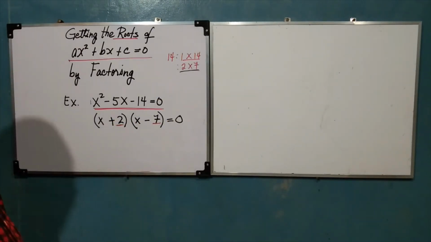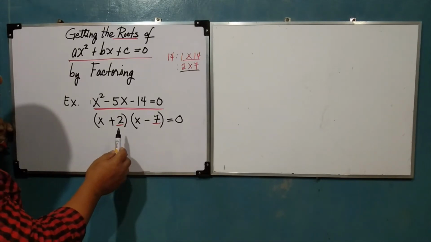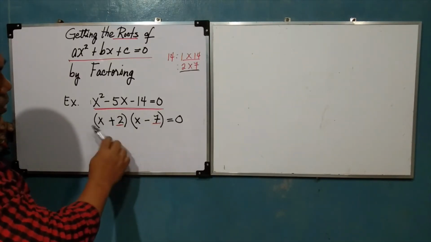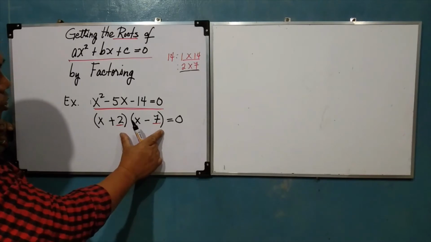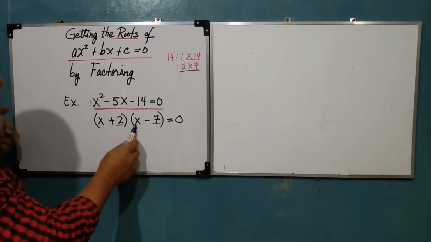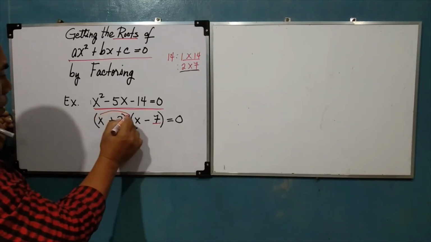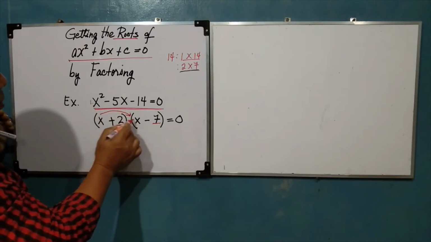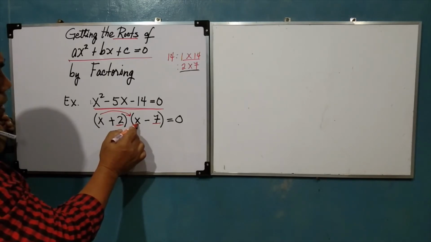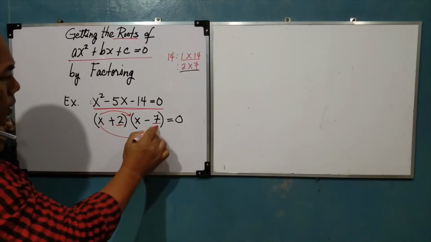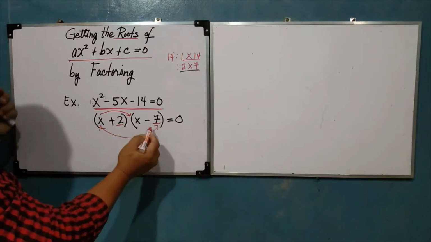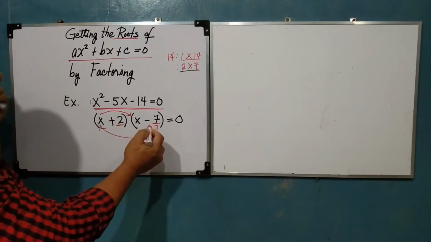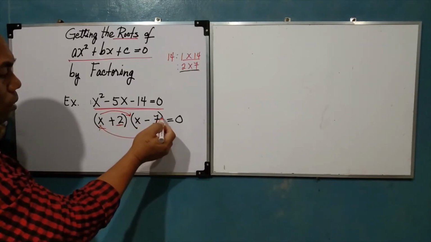Why? Because if you are going to get the product of these two binomial factors, you will get x times x, you will get x squared. Then, 2 times x, that is 2x. Then, you have x times negative 7, that is negative 7x.